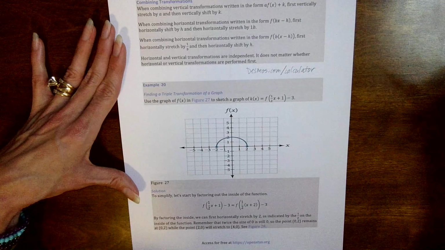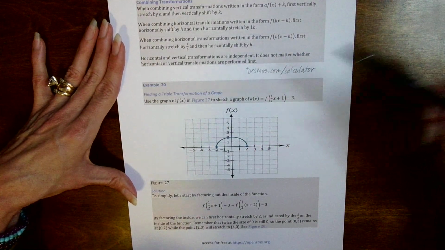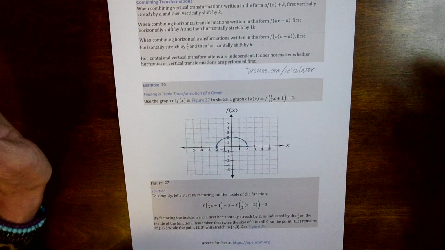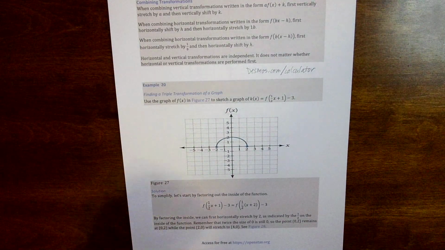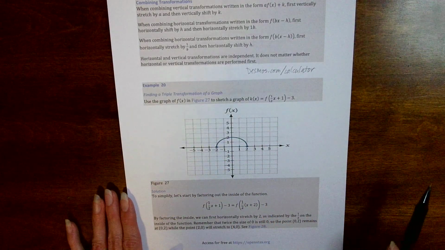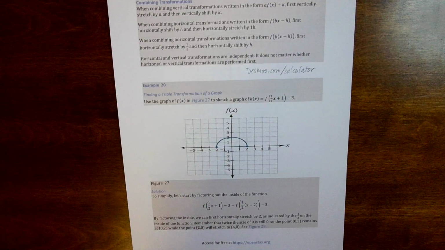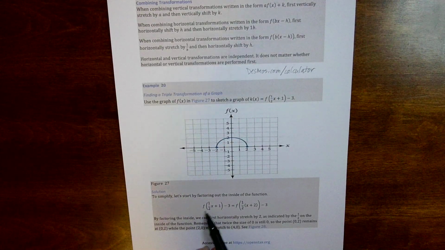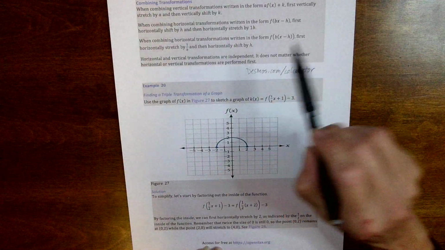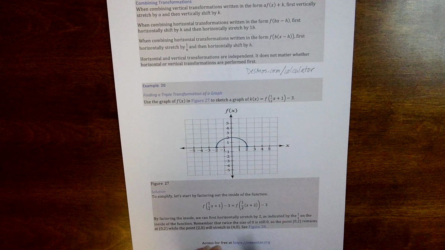All right, so this is our function, and we're going to graph all this. Okay, that's a lot, but let's start. So this is the original function here, and to do this, we're going to start by factoring out the inside of the function. So I can take a 1/2 out here, because I need to have the b here, like on this part.